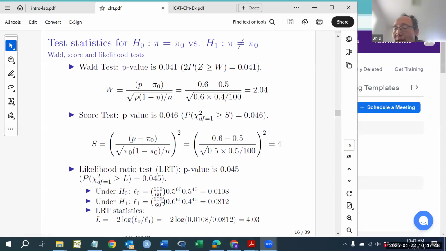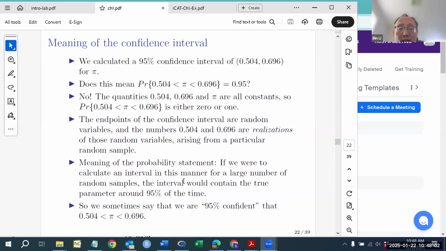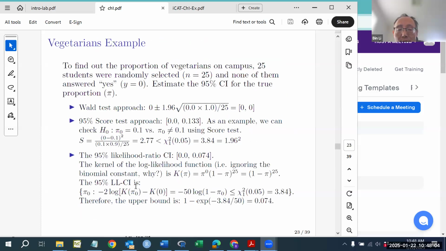It's minus 2 times the log of the likelihood ratio between the null and the alternative, right? We can do that, and the result is from 0 to 0.074. That's the 95% confidence interval based on the likelihood ratio test.